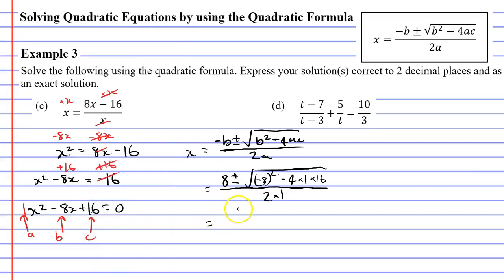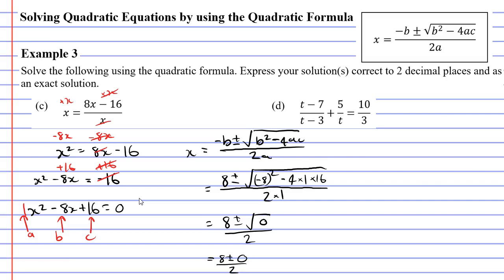That's quite nice, isn't it? So we've got 8 plus or minus the square root of 0, and 2 times 1 is 2, so our denominator is 2. Now what's the square root of 0? Well, it's 0, so we've actually got 8 plus or minus 0 over 2.